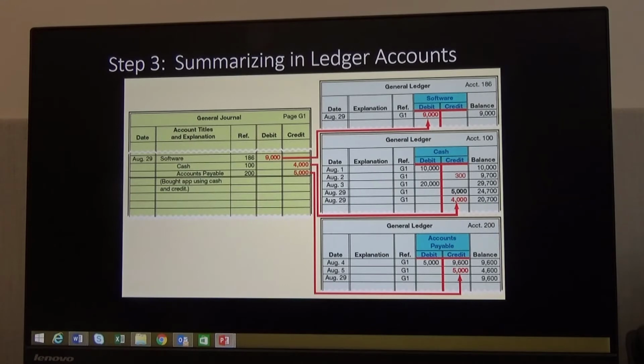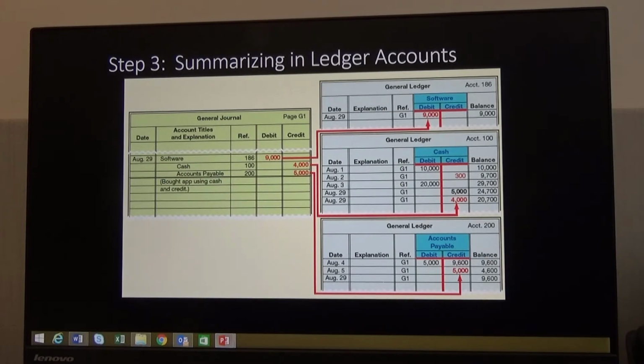If it had already had a balance in it, then we would add the amount that we debited to the previous balance. And you'll be able to see that more clearly by looking at this cash entry. So the entries that were made August 1st, 2nd, and 3rd have already been posted into the cash account, and now we are entering the entry from August 29th.